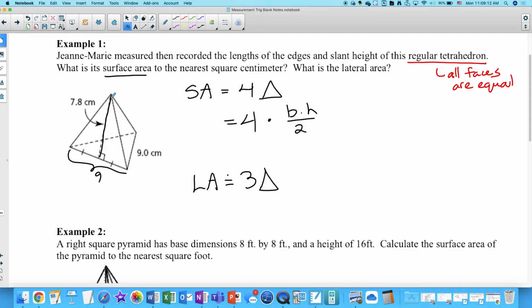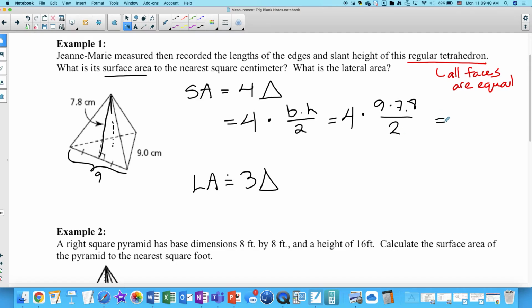Yep. It's not the height, almost. It's the slant height, yeah. The height goes from here. Yeah, this is the slant height. That's important. We're going to do more on that later, okay? But it is also the height, rather, of one of the triangular faces. So this is 4 times base times height, 9 times 7.8 over 2.